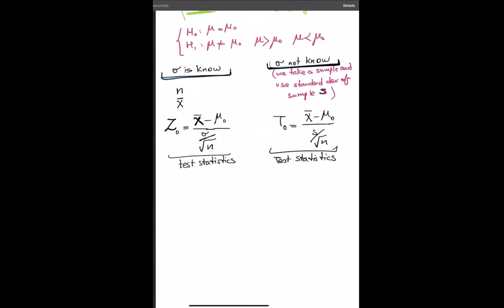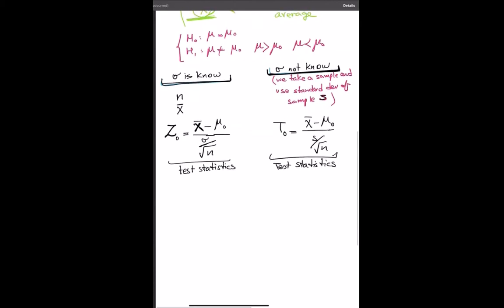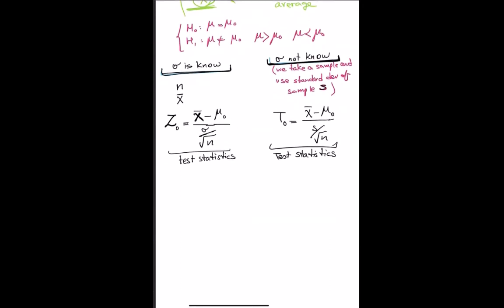So every time I take a new sample, let's say a sample of 20 glasses of beer, I come up with one average. If I take another sample of 20 glasses of beer, I come up with another average. I take a sample of another 20 glasses of beer, I come up with a different average. So every time we take a new sample, the average of the sample will be a new number.